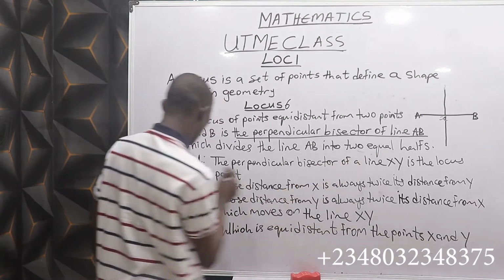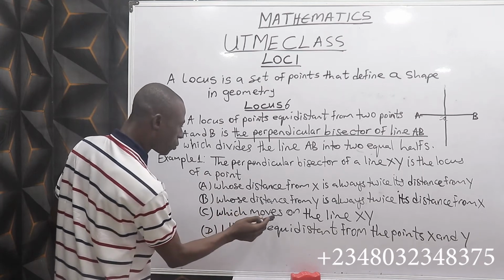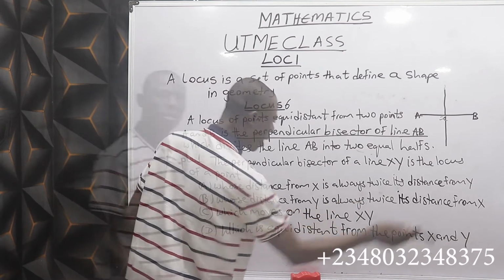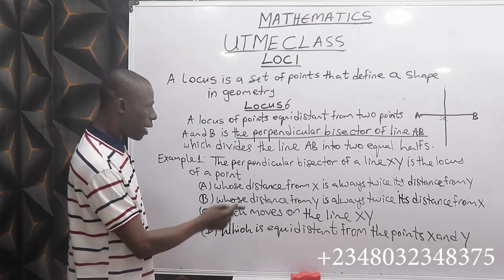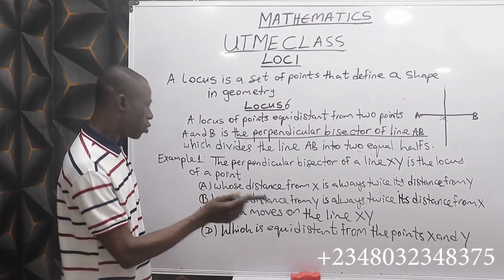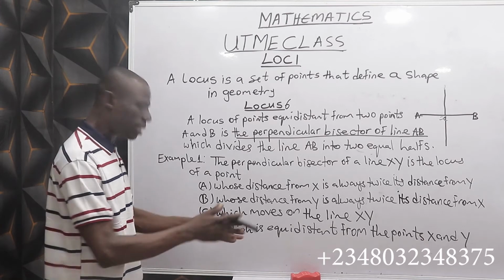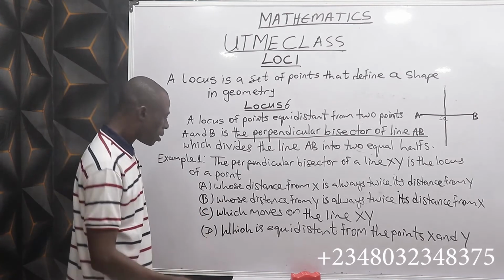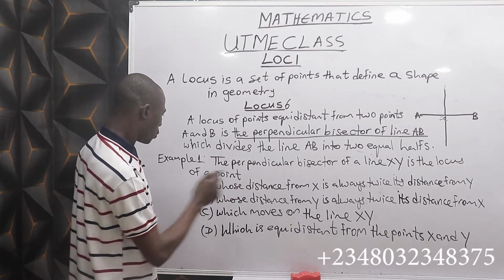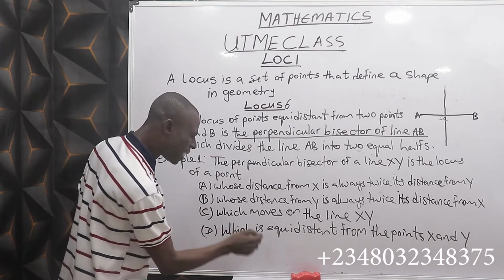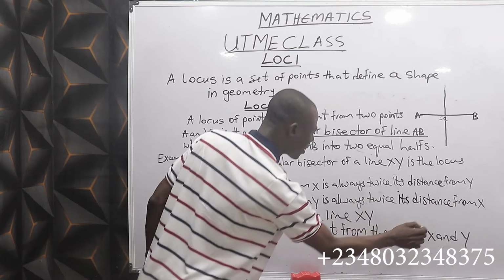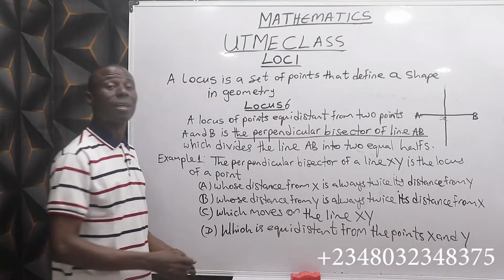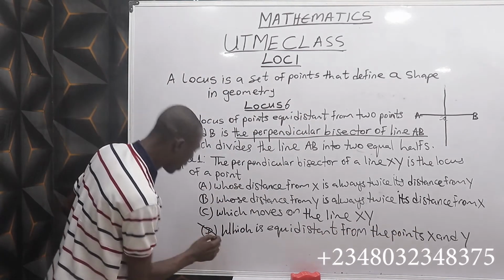C is the locus of a point which moves on the line XY. It's too open. Truly, it moves on line XY, but it's not well described. D is the locus of a point which is equidistant from the points X and Y.